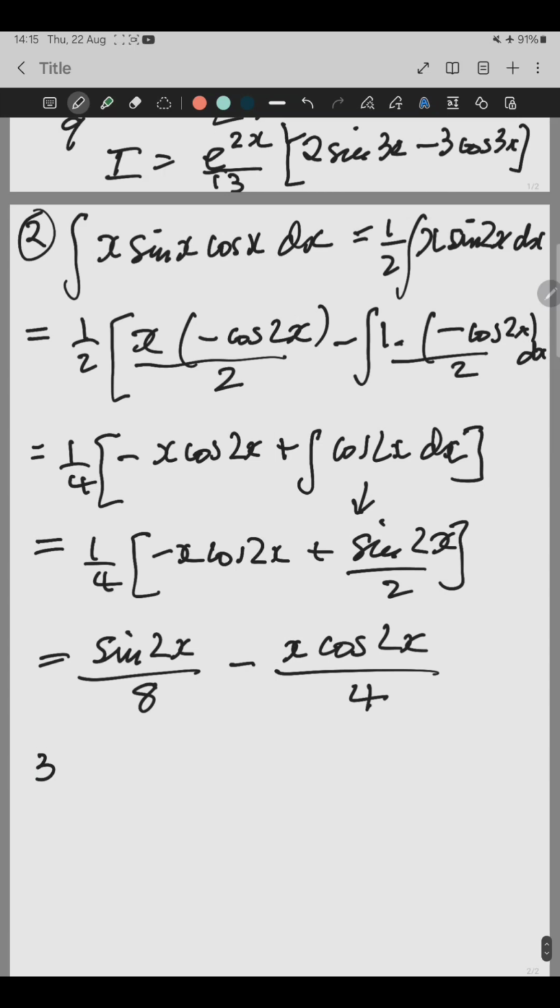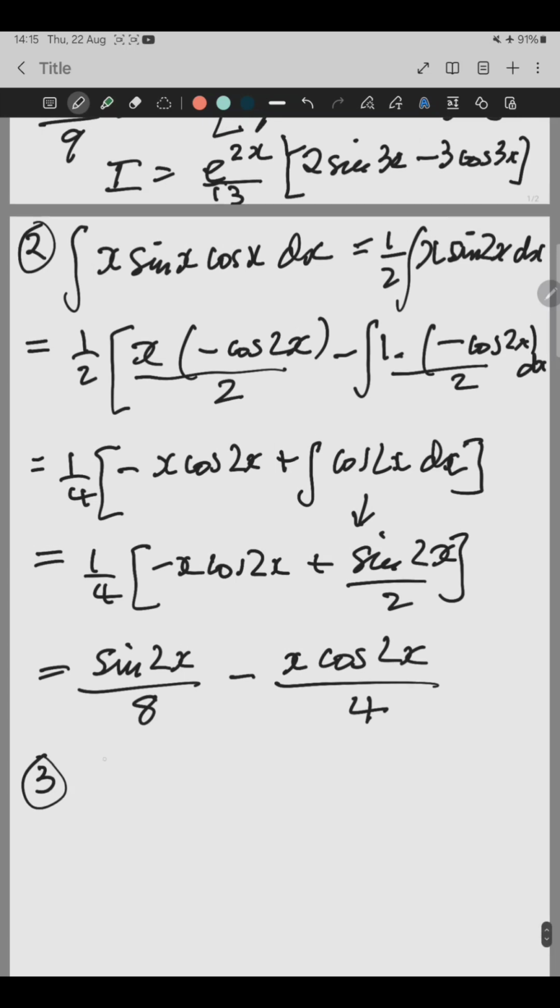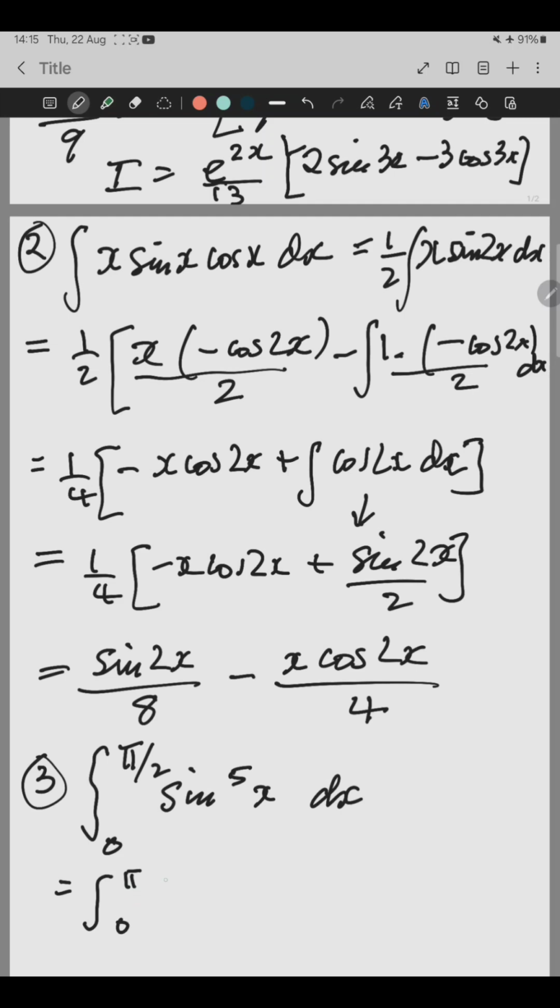Number 3. This time we'll have a definite integral of sine to the 5th x dx, from 0 to pi upon 2. Now first of all, we'll write that as sine to the 4th x times sine x dx.